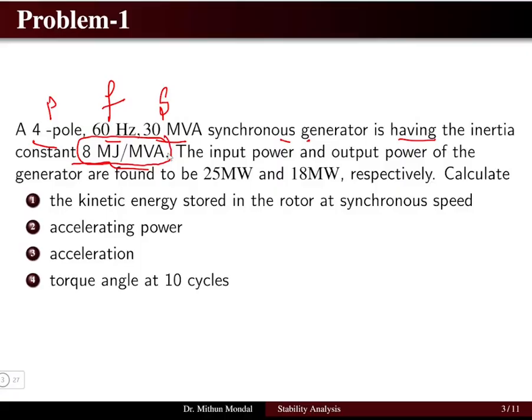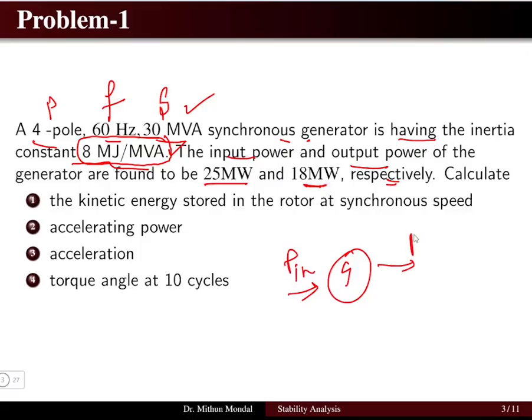It means that if this data is multiplied with the MVA rating of the machine, we are getting the kinetic energy of the system. The input power and output power of the system generator are given to be 25 megawatt and 18 megawatt respectively. So for a generator, we have been given the input power and the output power.